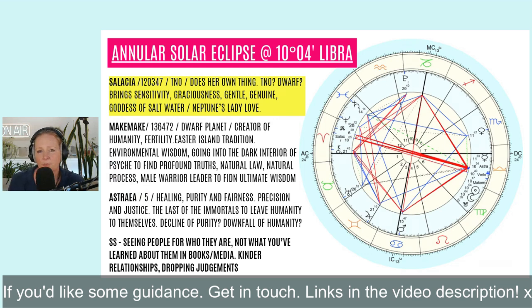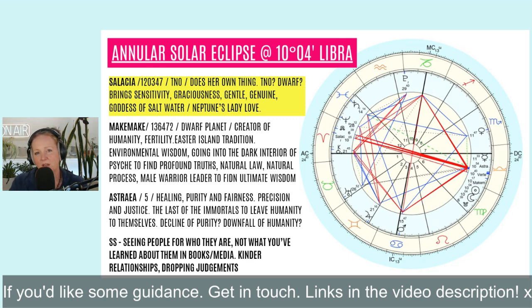She's the consort of Neptune, so she's associated with oceans, but she's the goddess of salt water. She does her own thing. She's got her own timing. For instance, when I was looking up about her, it said she was a TNO, a trans-Neptunian object, and also a dwarf planet. And that she just has her own little pattern, but she's not rude with it.